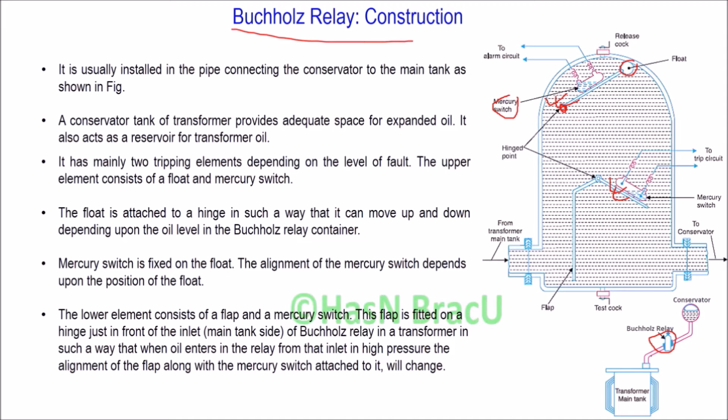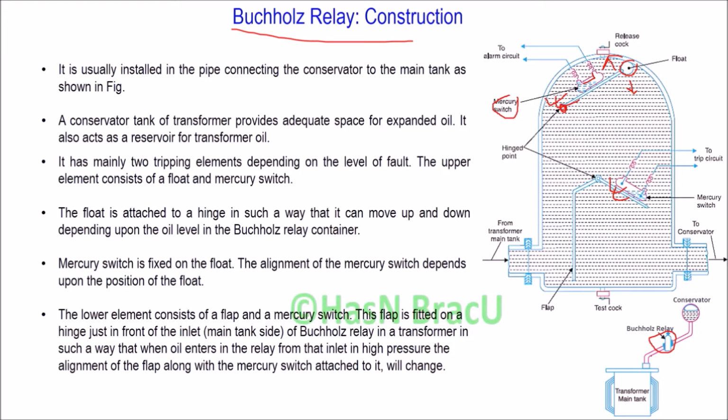So this float is attached to a hinge in such a way that it can move down or up depending upon the oil level in this Buchholz relay container. Mercury switch is fixed on the float. The alignment of mercury switch depends upon the position of the float.